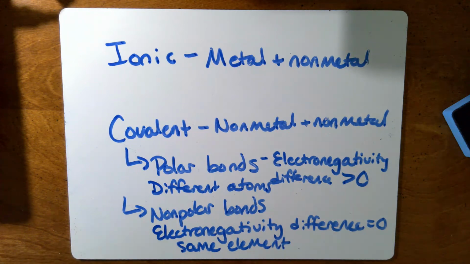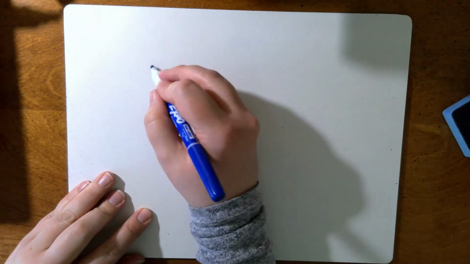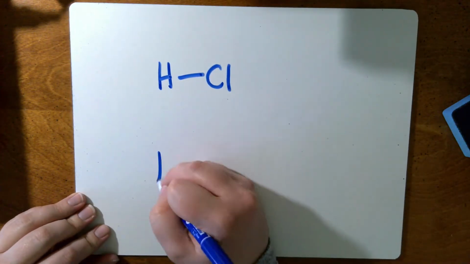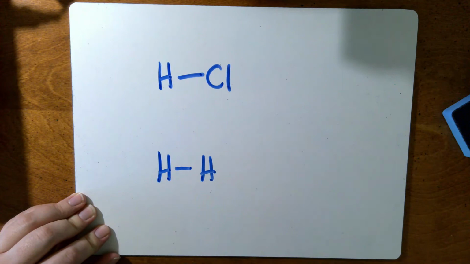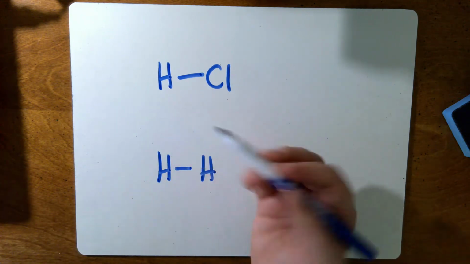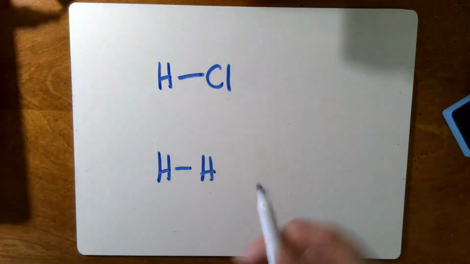Now you might be wondering why electronegativity difference is even significant. So let me show you. All right, so let's say that I had a bond between hydrogen and chlorine. And then I had a bond between hydrogen and hydrogen. Now we know that chlorine is more electronegative than hydrogen based on the trends, and we could also confirm that with this table. Chlorine has an electronegativity of 3.2, hydrogen is only 2.2.